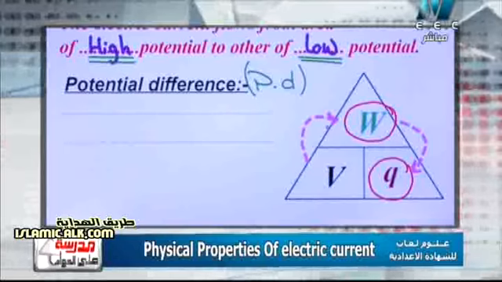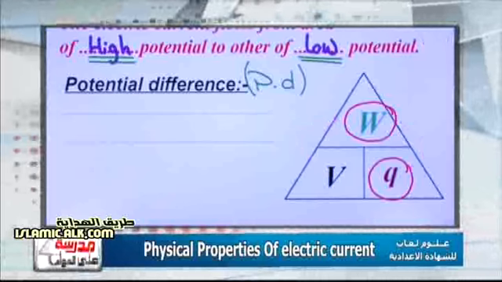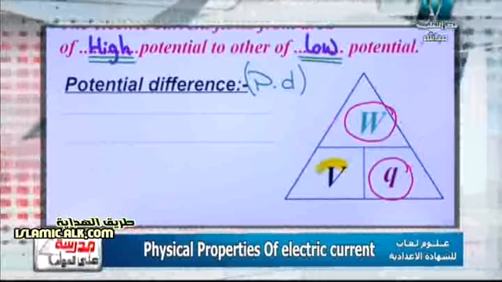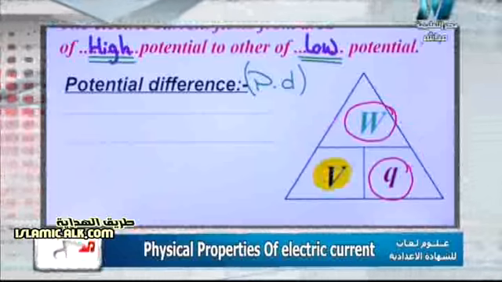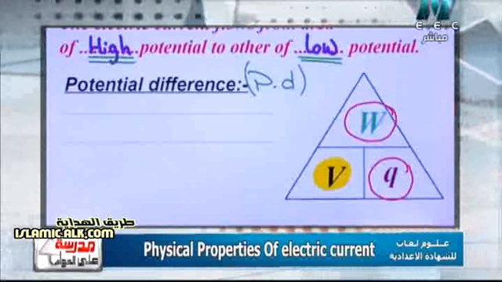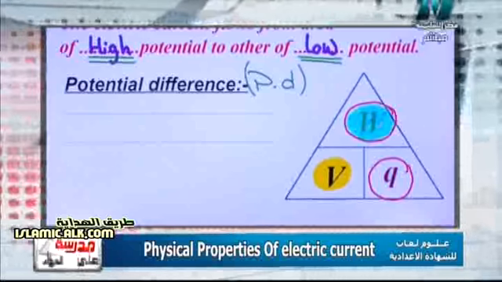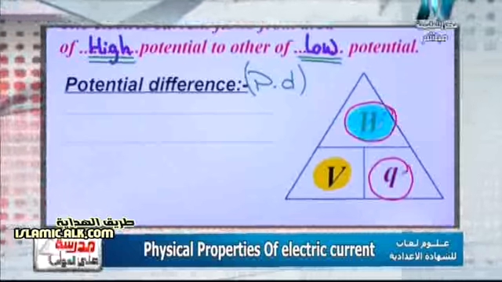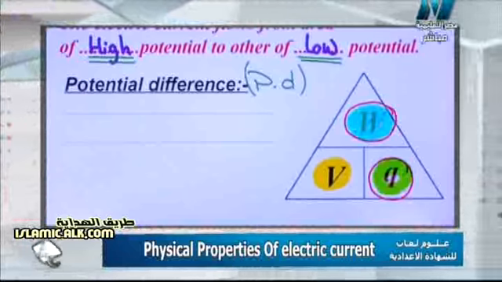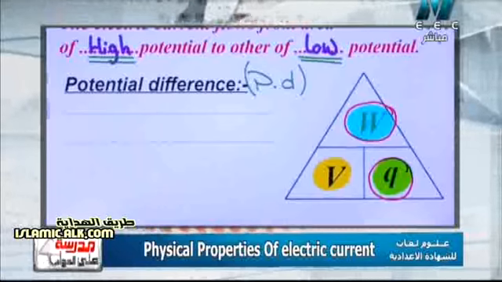Again, what is meant by potential difference? Potential difference اهي مالناش دعوه بيها خلاص, مش هقولها في الديفينيشن. هقول له بقى إيه, two other quantities. It is work done. It is what? Work done to, yes, transfer a quantity of electric charge. يبقى we know now what is meant by potential difference.